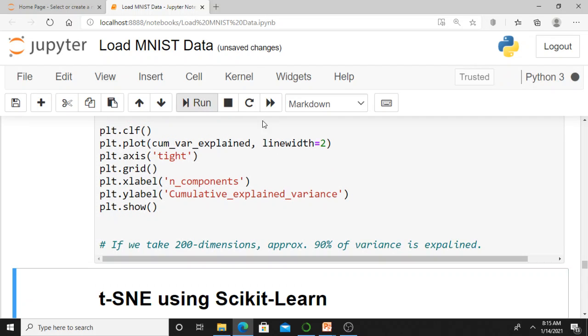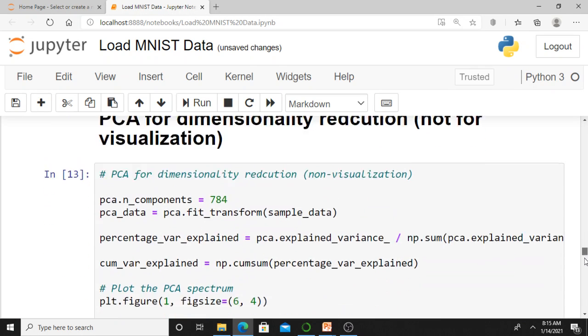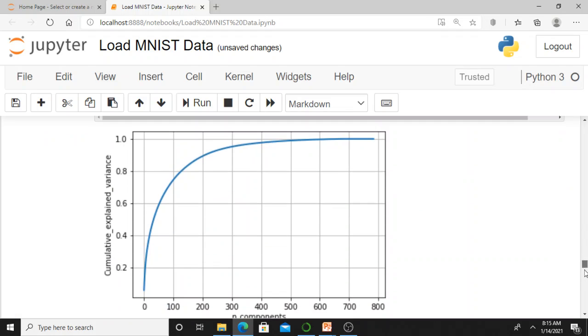What will I get? This plot. This graph is useful to identify your d dash. If you want to transform from d-dimensional data to d-dash dimensional data, and you want to identify the percentage of the variance explained, you can identify the corresponding d dash from this particular graph.